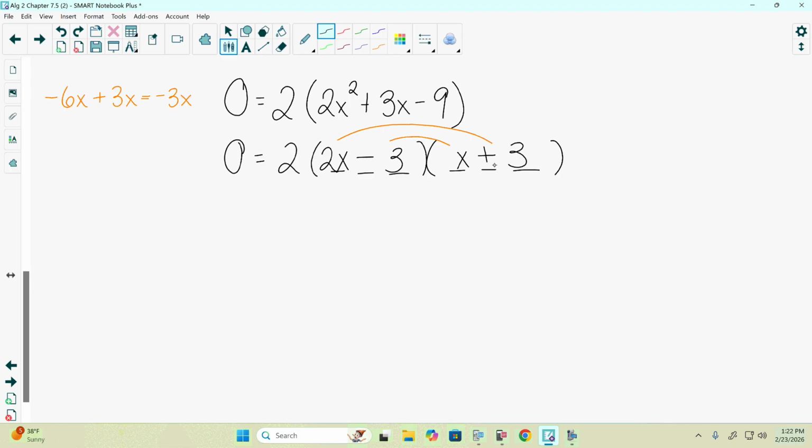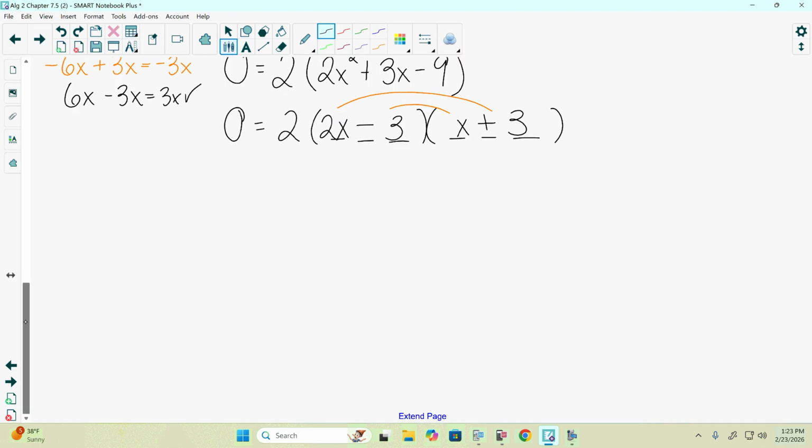So to fix that, we switch the signs. Now 2x times positive 3 would be positive 6x. Negative 3 times x is negative 3x. So 6x minus 3x would give us 3x. So now we do have the correct factors.